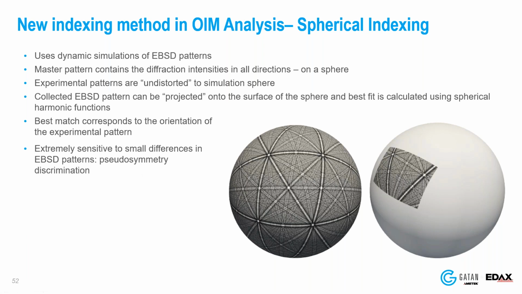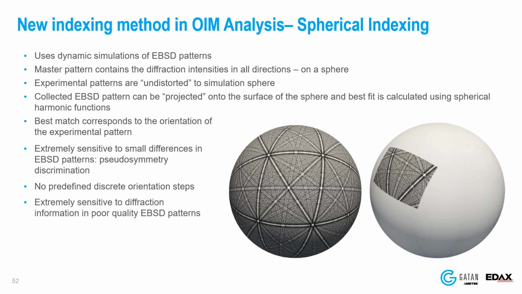Offline, you have a lot of flexibility in playing with this. There are no discrete orientation steps, so we can get very high orientation precision. It's also sensitive to broken up EBSD information. There's no need to detect individual bands. I just use fragmented information, a zone axis here, a bit of a band there is enough.